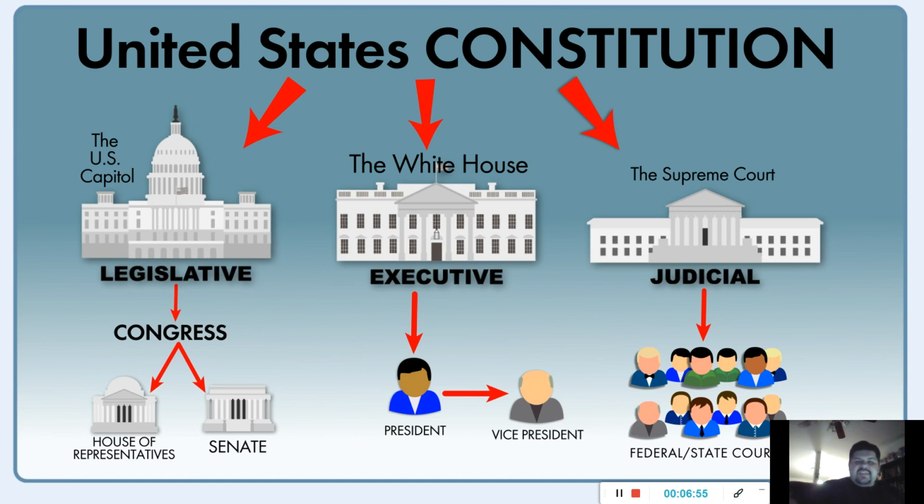The next branch, the executive. This is basically the president and the vice president. Now, the president and vice president, we vote for them. We put them in power, the voters. Now, when the president picks their Secretary of State, Secretary of Interior, Secretary of War, they pick their cabinet people.